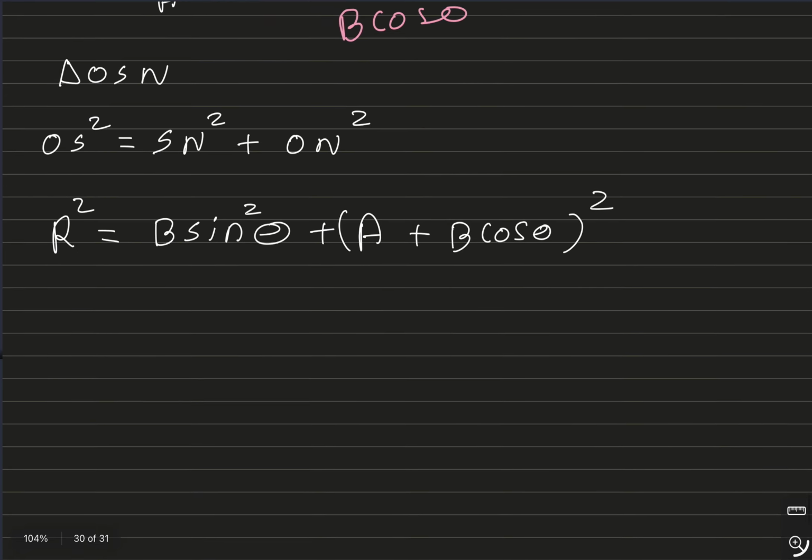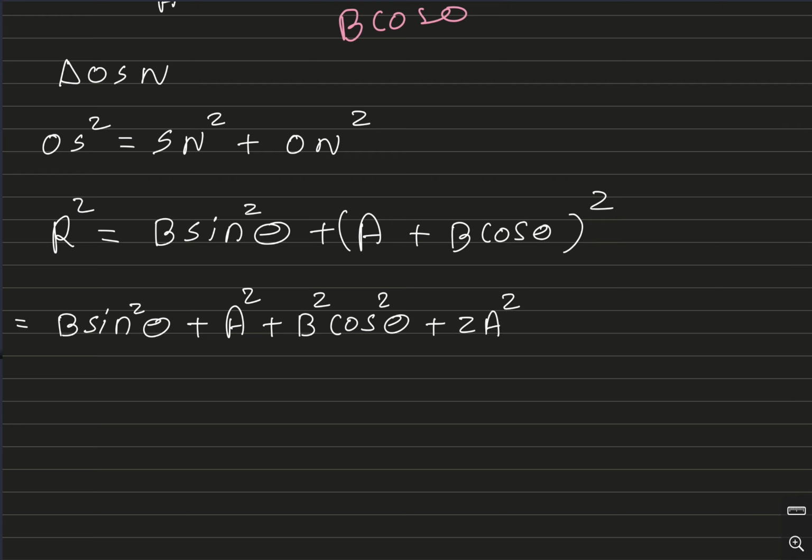So here, B square sine square theta plus A square plus B square cos square theta plus 2AB cos theta.